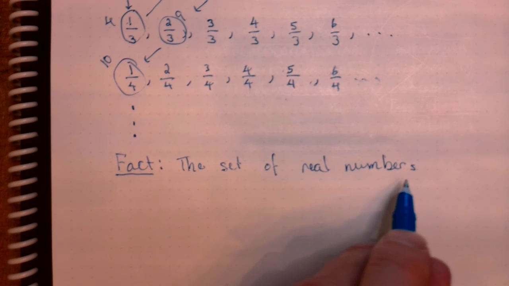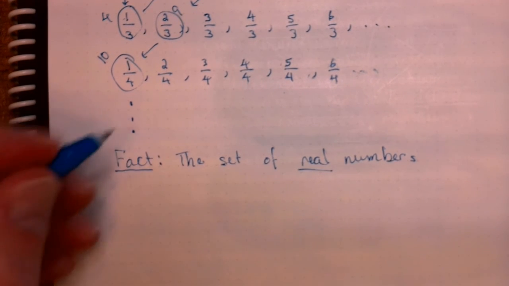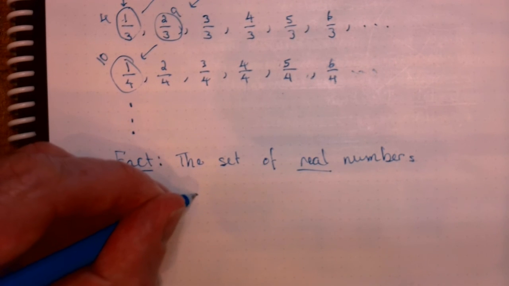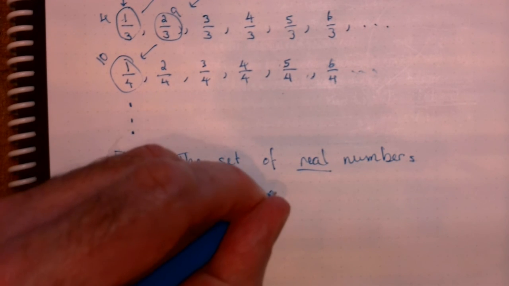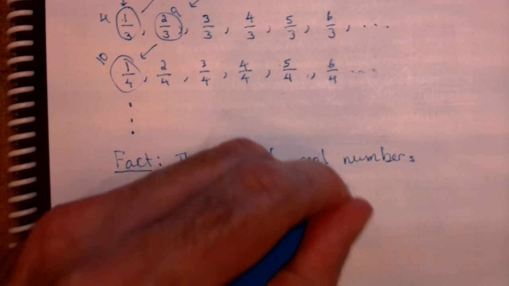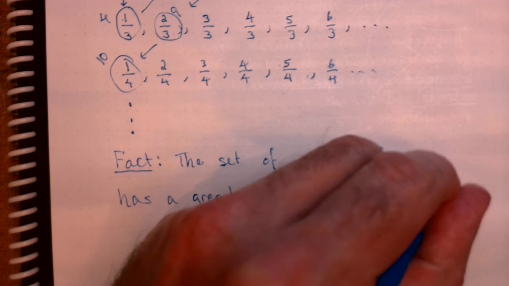The fact is the set of real numbers, which we haven't really discussed in this class, has a greater cardinality than the set of natural numbers.